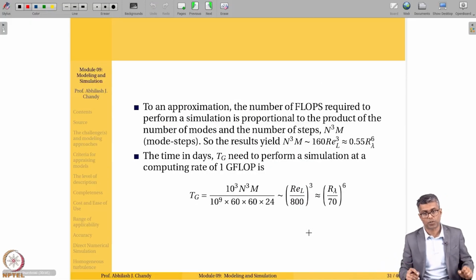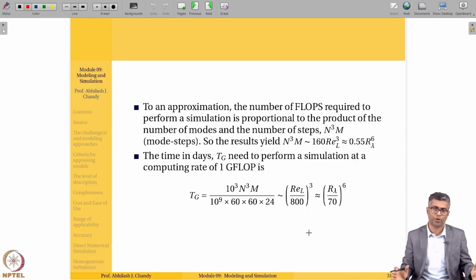Now for the total cost. To an approximation, the total number of flops required would be total number of modes times total number of time steps. That's an approximation of the total number of floating point operations. So that would be n cube m.